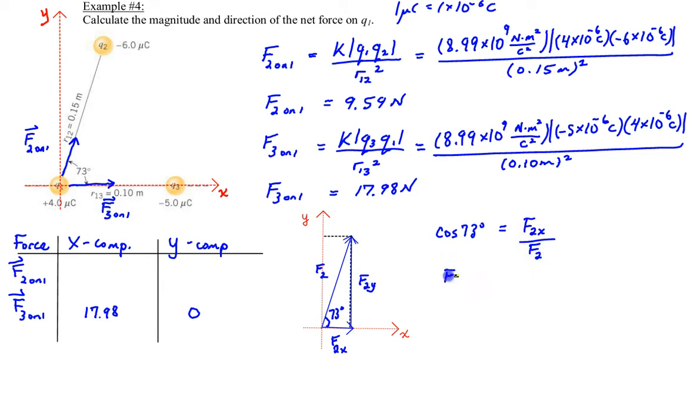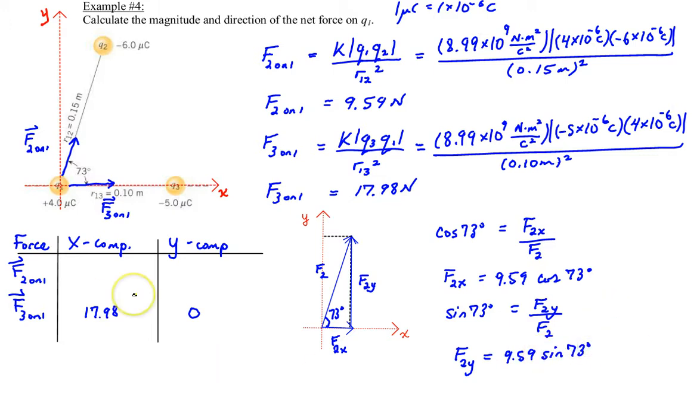So the x component of that force is F2, which is 9.5 newtons, times the cosine of 73 degrees. Similarly, to find F2y, sine of 73 degrees is equal to F2y divided by the resultant F2. And so F2y will be equal to 9.59 newtons times sine of 73 degrees.